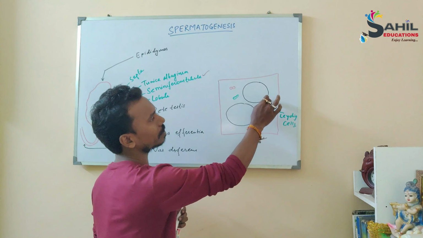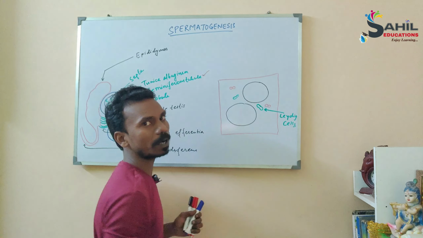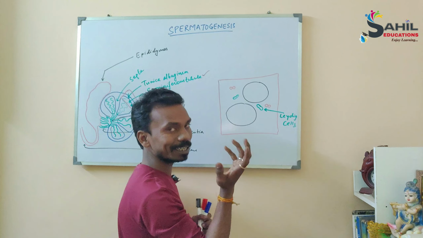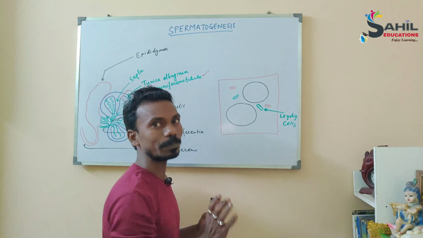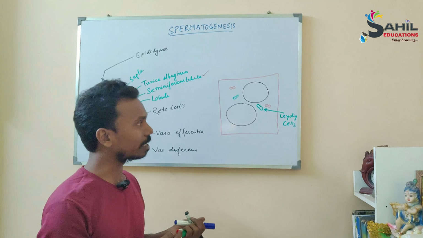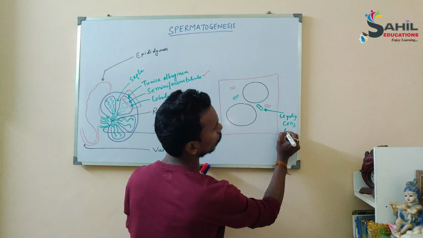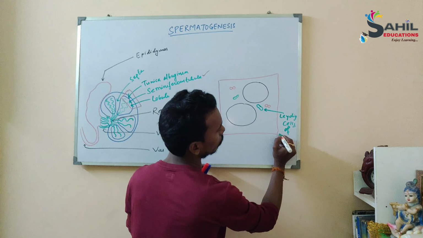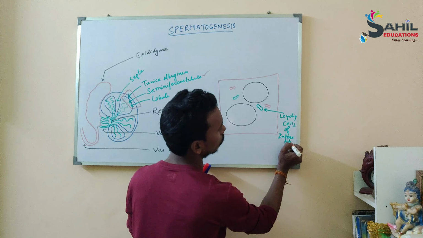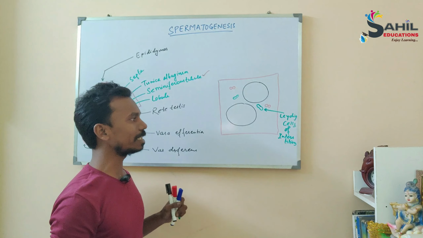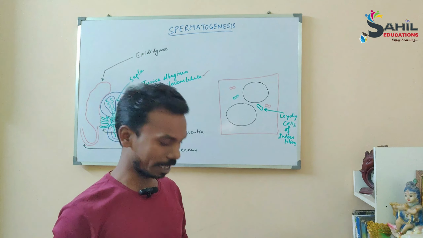Whatever region is present outside this tubular part is known as interstitium. Since these Leydig cells are present in the interstitium, they are known as Leydig cells of the interstitium, or you can call them interstitial Leydig cells.